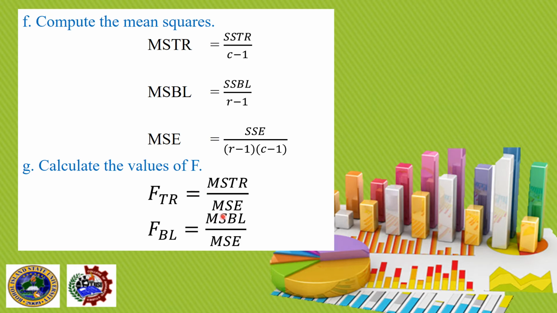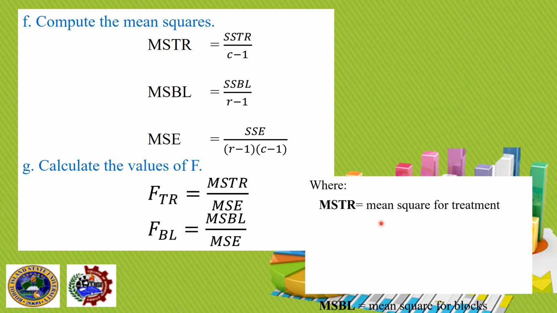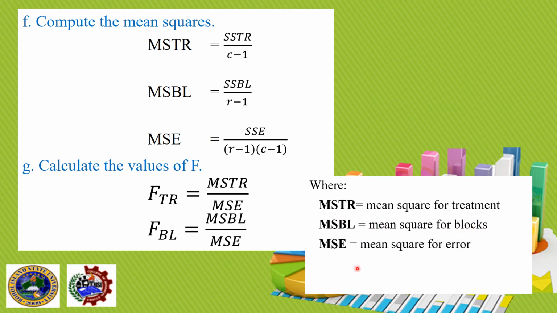And F sub BL equals MSBL over MSE, where MSTR is again the mean square for treatment, MSBL is the mean square for blocks, MSE is the mean square for error, F sub TR is the F value for treatment, and F sub BL is the F value for blocks.